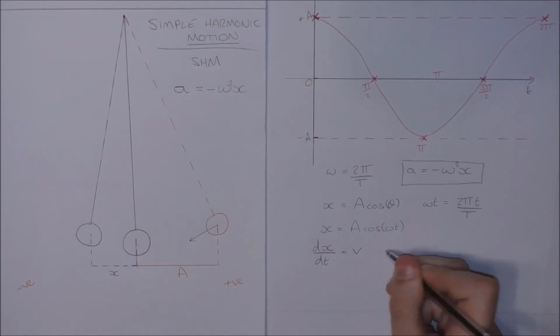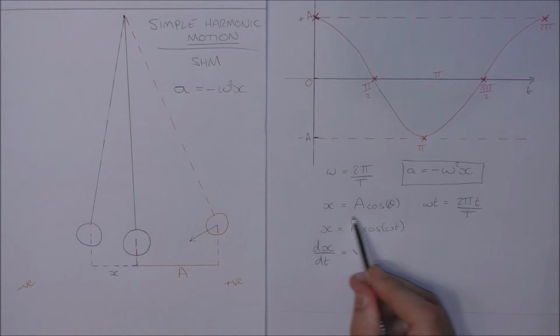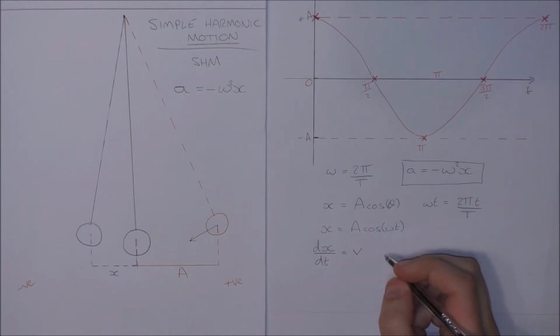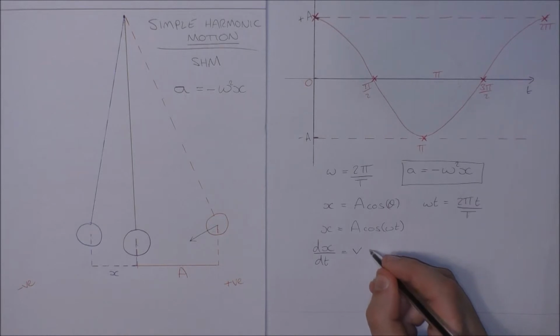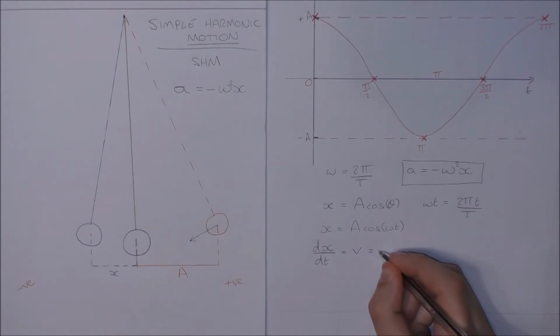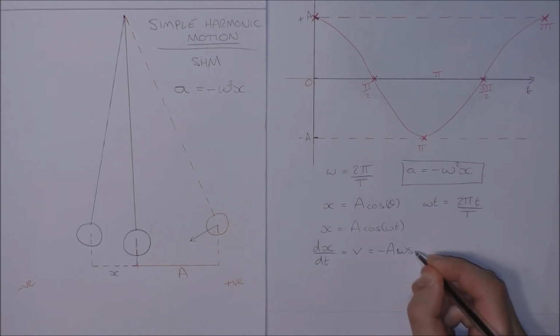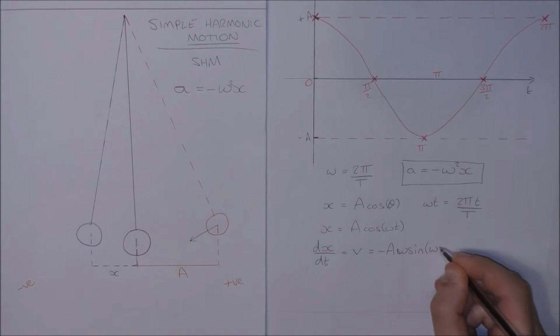I'm going to differentiate this. I'm not going to tell you why it comes out to what it does. You'll have to look that up for yourself or come and ask. But this is then going to equal minus A omega sine omega t.